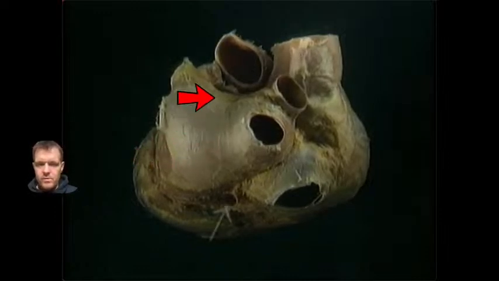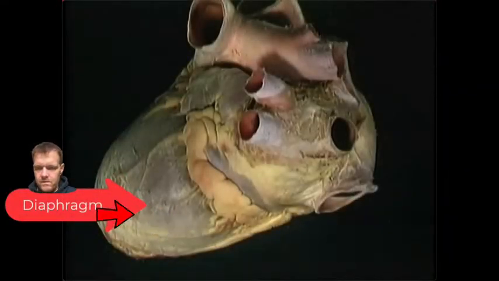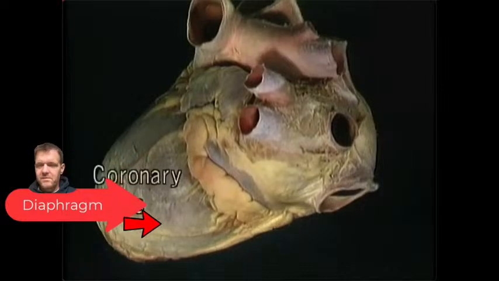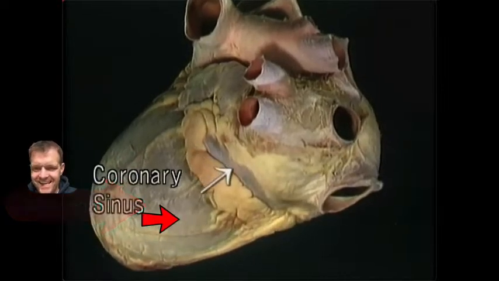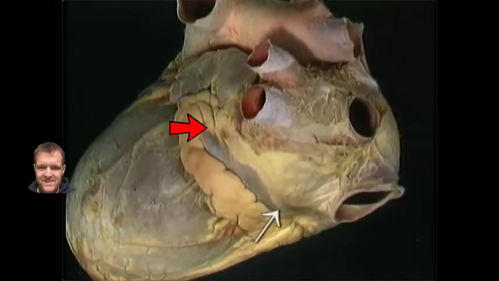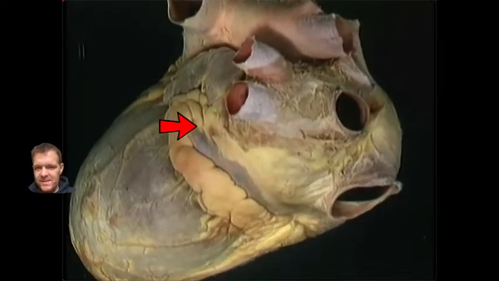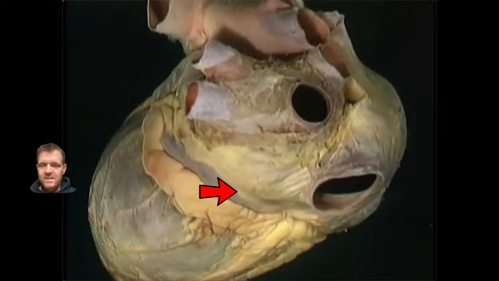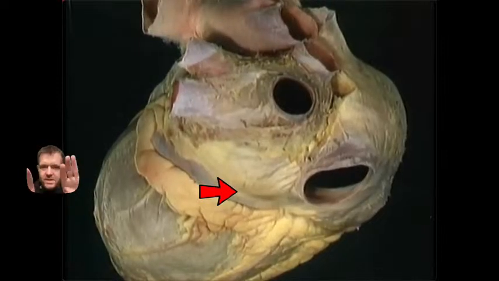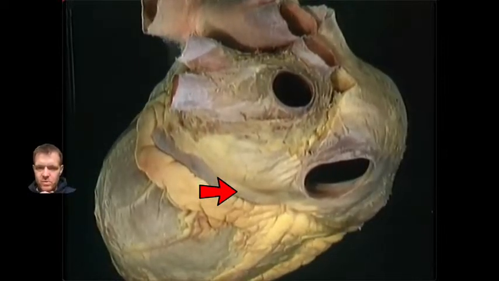So again, we've got your pulmonary vessels on the back of the left atrium. Oh, I don't think that diaphragm should be there. That's definitely not the diaphragm. So this is the coronary sinus, which is the kind of shallow dip in which the coronary vessels will run.